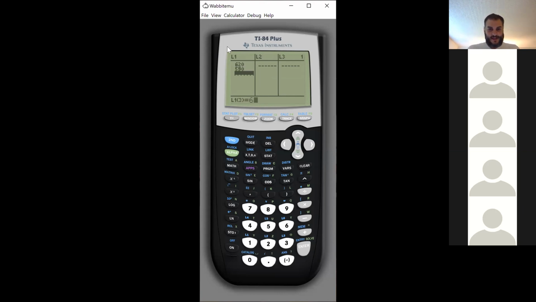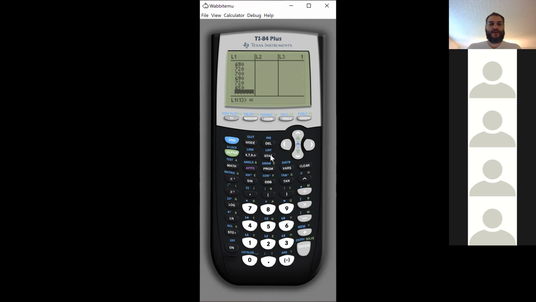Third one was 660, and so on and so forth. All right, so I enter all 12 of my data values.